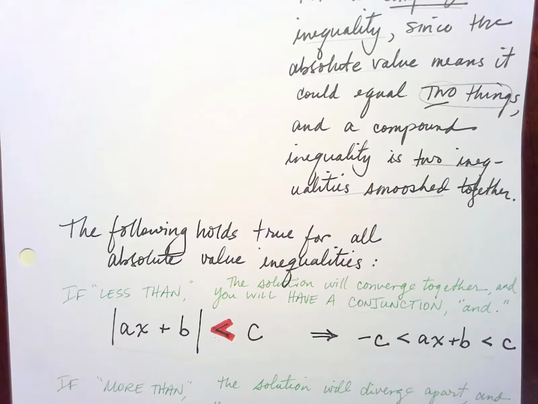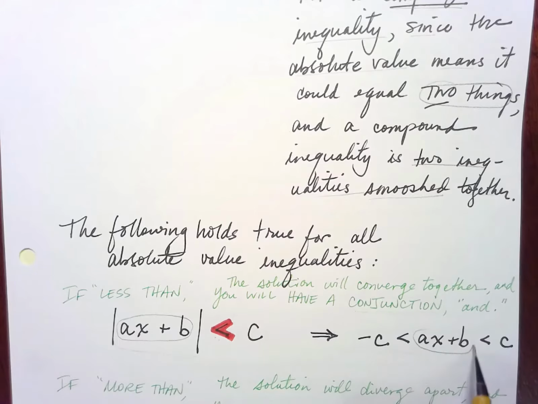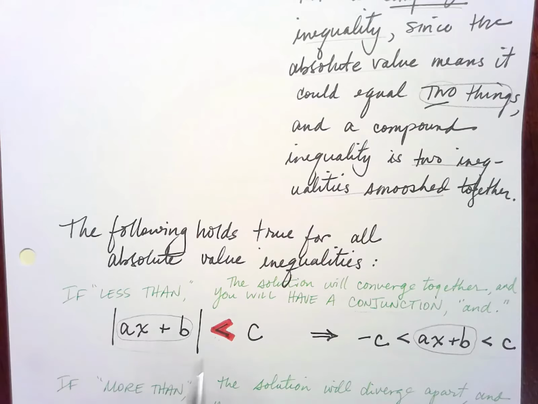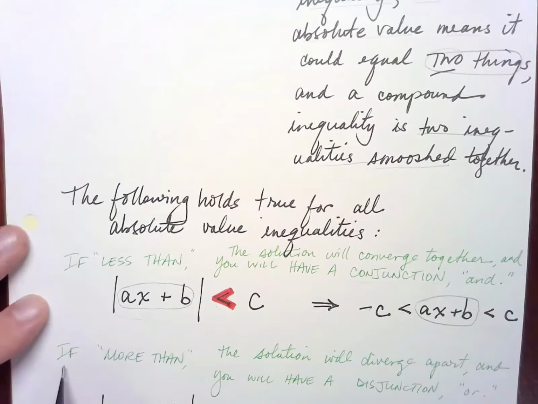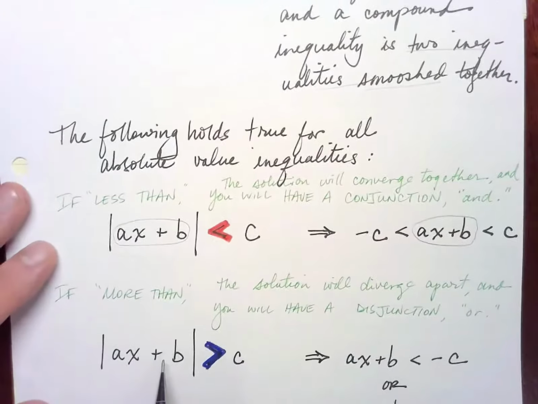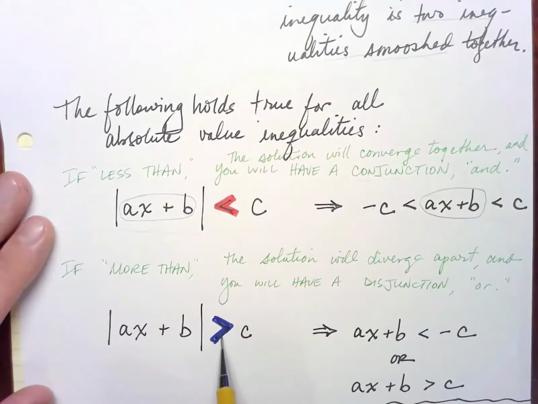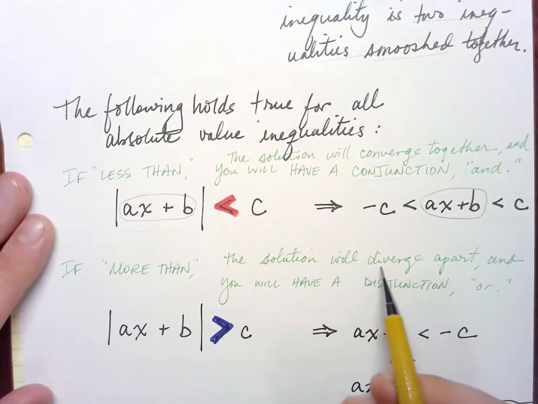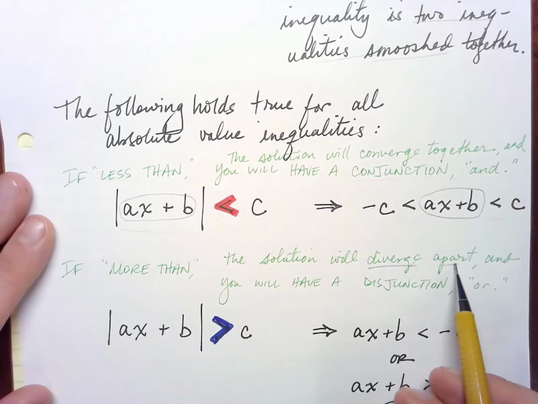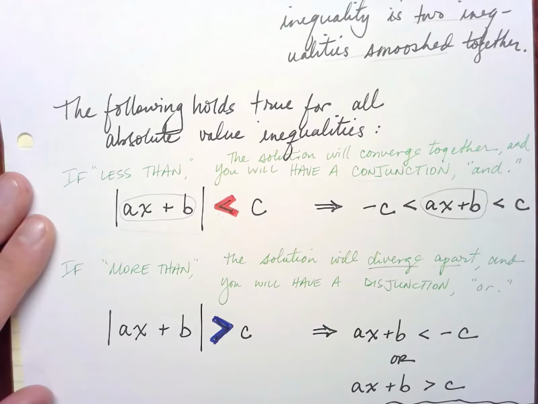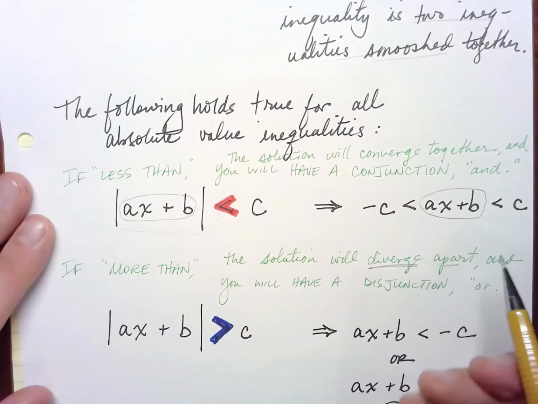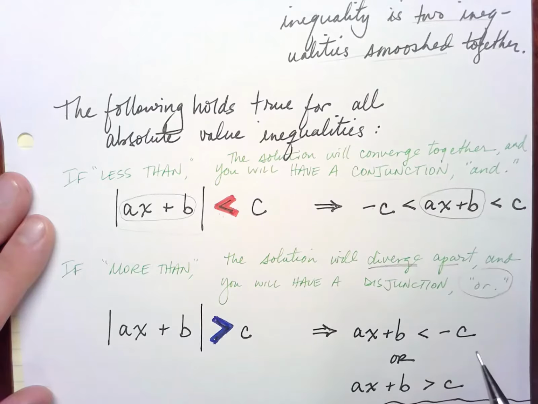And notice that the stuff in the absolute value is this stuff right here, and then it's less than C, so of course that means it's greater than negative C and less than positive C. If your absolute value inequality is more than, just like this symbol right here, the solution will diverge apart, and you will have a disjunction because the solution has diverged, it has not come together, and this is an or statement, okay?